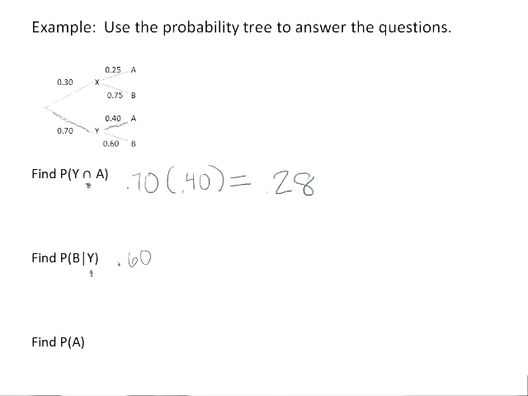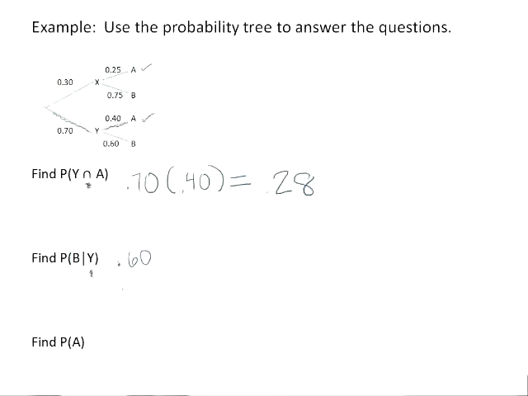Now let's find the probability of outcome A. Looking at your tree diagram, outcome A occurs here, but it also occurs here. So we need to follow the path from start to finish and find the probabilities along each path.